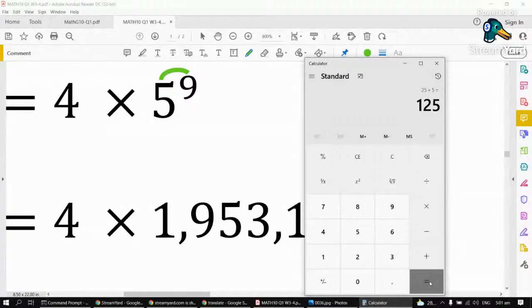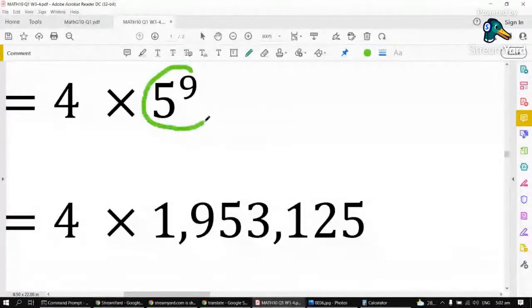Pag pinindot ko ulit, that's the fourth term. That's the fifth term. That's the sixth term. That's the seventh term. That's the eighth. That's the ninth. Ulit-ulit.